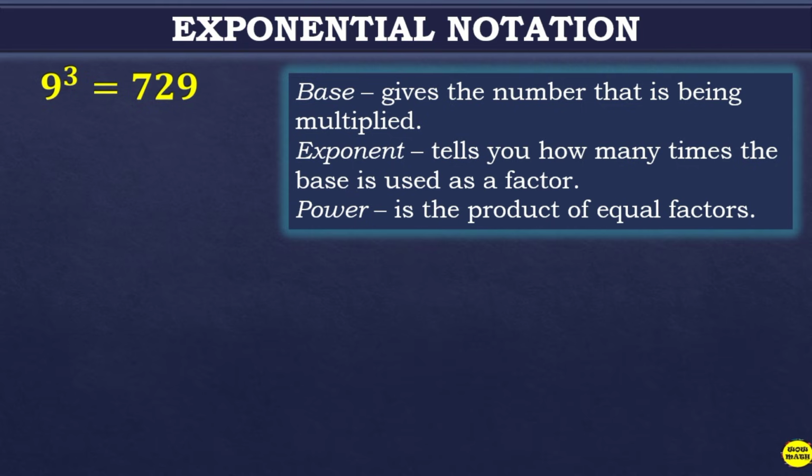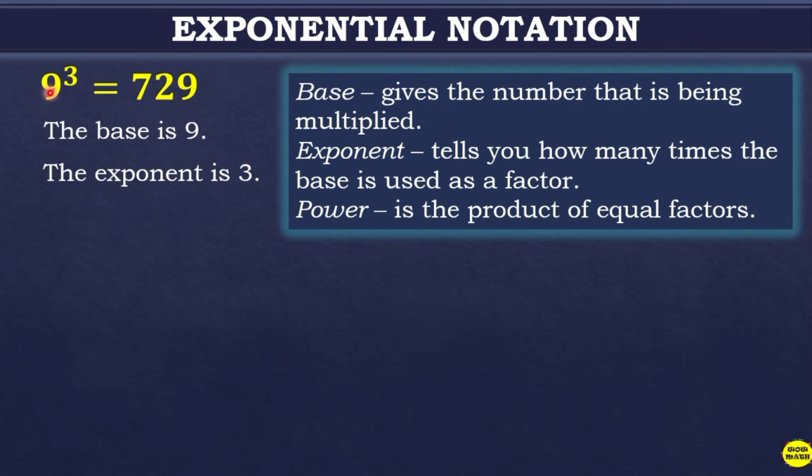So, let's say for example, I have here 9 cubed is equal to 729. Okay. So, yung base natin dito is 9. Yun yung tinatawag natin base kasi siya yung number na minumultiply. So, ito yung number na minumultiply natin, 9 times 9 times 9.